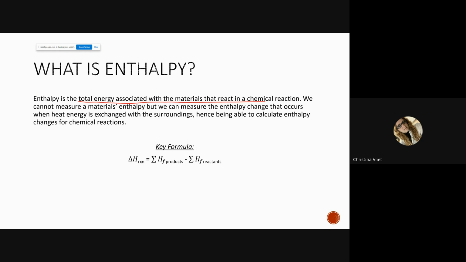So that means we can measure the enthalpies of formation of reactants and the enthalpies of formation of products. And this should actually have a little circle there, so you may want to add that in because everything's at standard state. And to find the enthalpy of the overall reaction, you just have to subtract the total amount of energy of your reactants from the total amount of energy of your products.